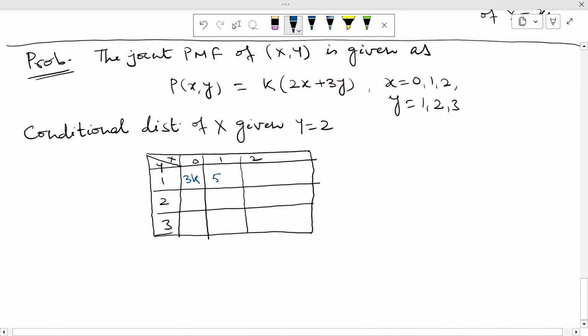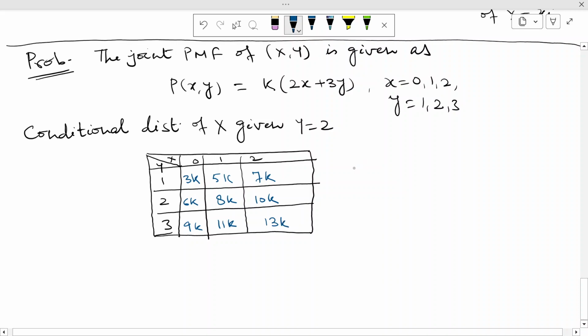And similarly you will obtain here 5k, because here x is equal to 1 and y is equal to 1. And next we are having 7k, then we are having 6k, 8k, 10k, 9k, 11k, and lastly we are having 13k.